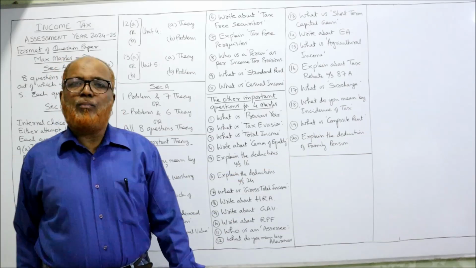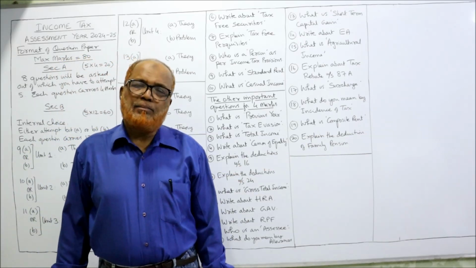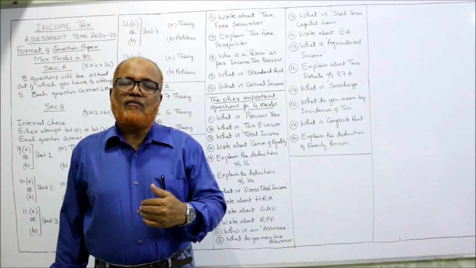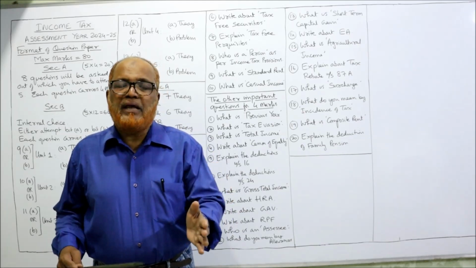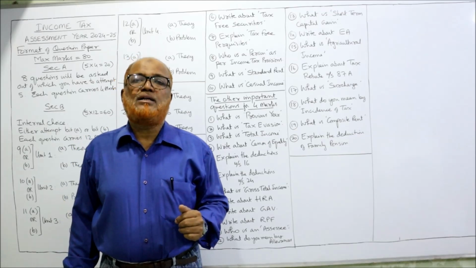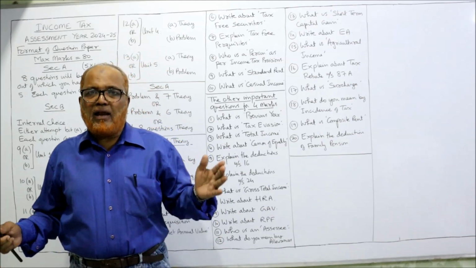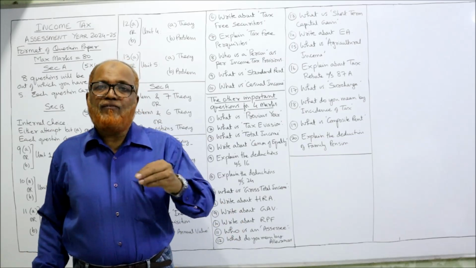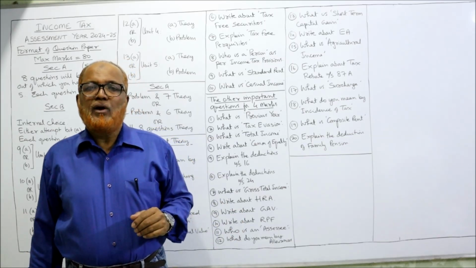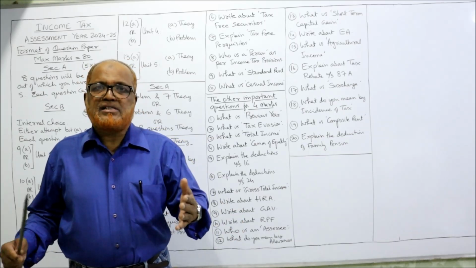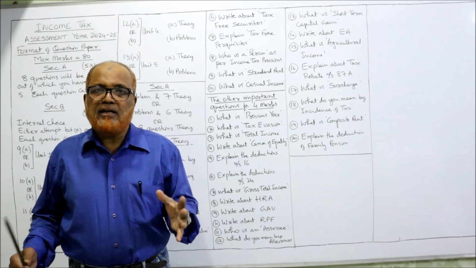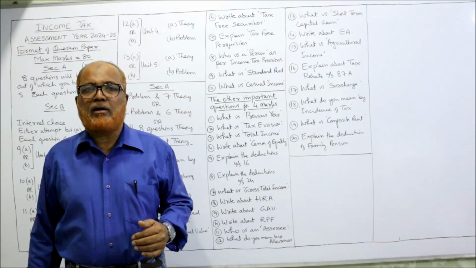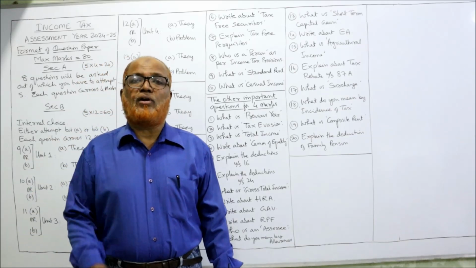Next comes, what is composite rent. Sometimes the owner of the house property gives some additional benefits to the tenant along with the house. For example, along with the house, some furnishing is done, or some lift facility is given, or maintenance is also provided, and he charges separately for that.